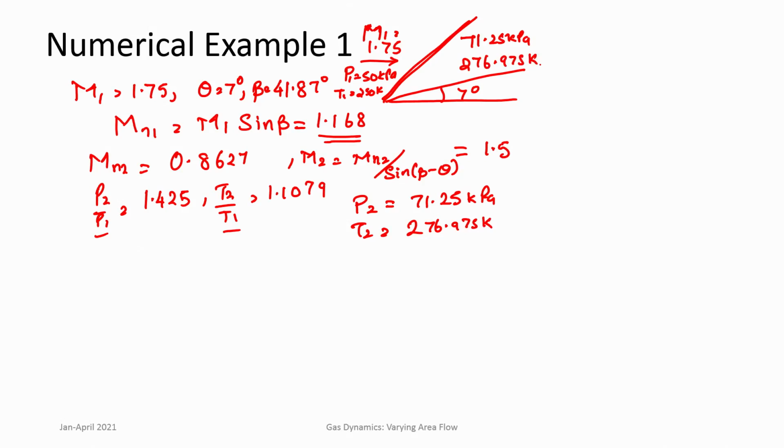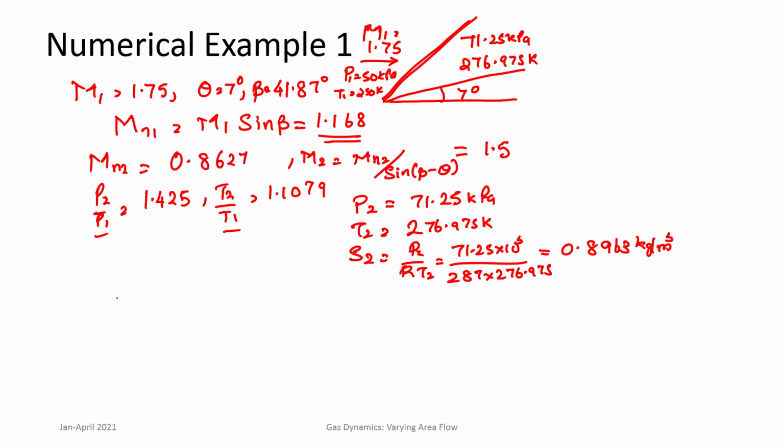From here we can calculate the density. Density is P2 by R T2, which is 71.25 times 10 power 3 divided by 287 multiplied by 276.975, and it comes out to be 0.8963 kilogram per meter cube.